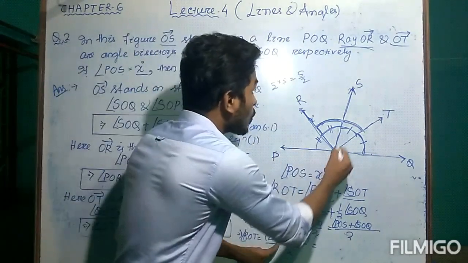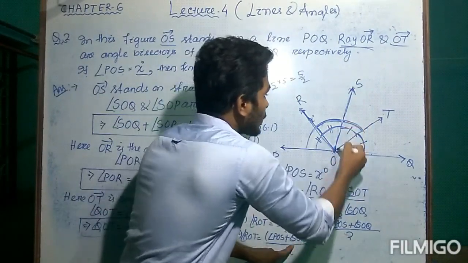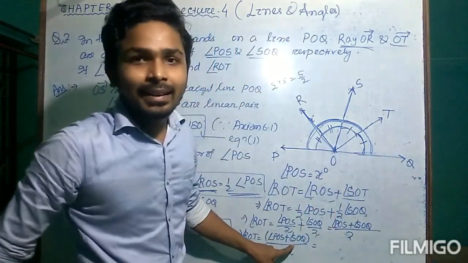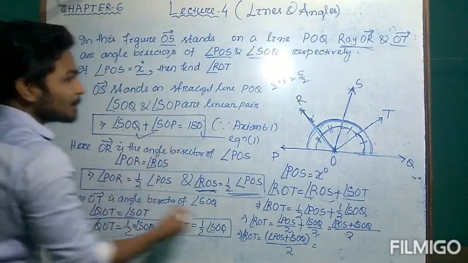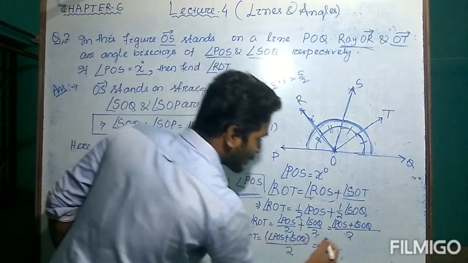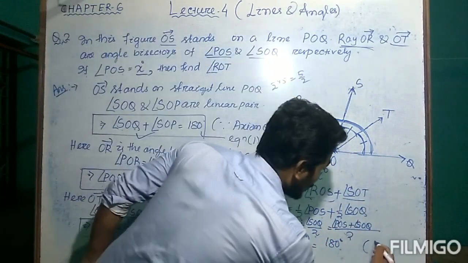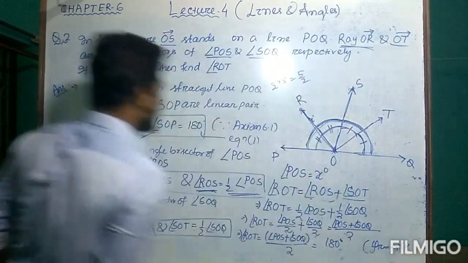Then what is the value of angle POS plus SOQ? This angle plus this angle is what? These two are linear pair angles. SOQ plus SOP is equal to 180 degrees. So this angle plus this angle is equal to 180 degrees. How? From equation 1, because from equation 1 we get it.